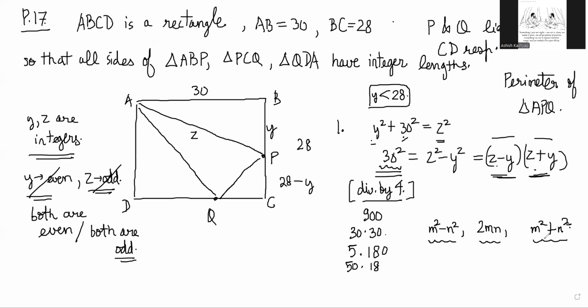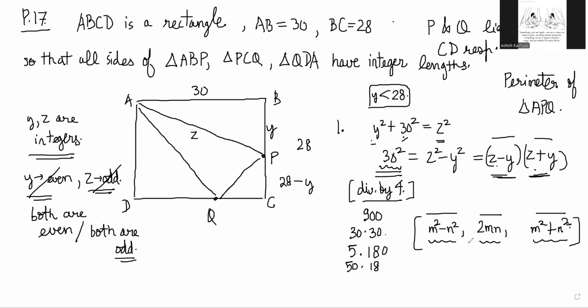Have you seen this characterization before? That's how you can make any number of Pythagorean triplets, no?